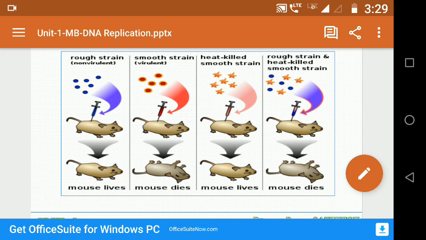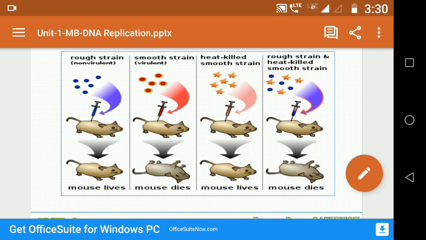And when we grow the smooth strain on the medium, that gives very smooth colonies. The appearance will be very smooth. That is why they named the bacteria rough strain and smooth strain.